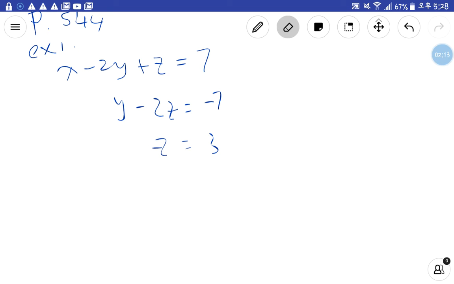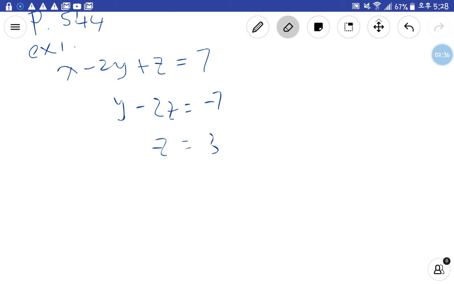So now, the third equation determines z, which is z equals 3. I just substitute the value of z into the second equation to determine y. You don't have to deal with the first one right now because the first one has three variables. Even if you plug in z there, it doesn't really help you.